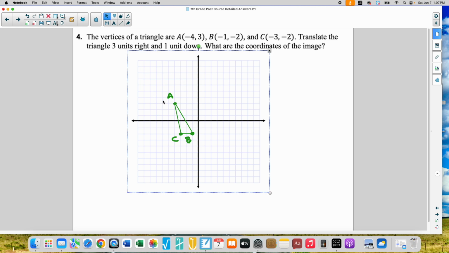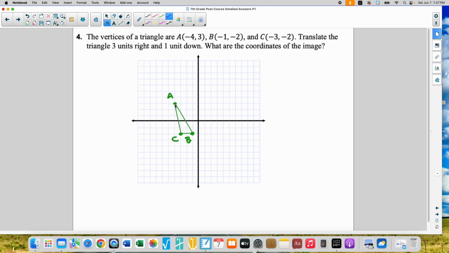So you can do it in a number of ways here. We can take this point and go right 3 and down 1. So right 1, 2, 3, down 1 takes us here, and we call this A prime. We can take this point and go right 1, 2, 3, and down 1.